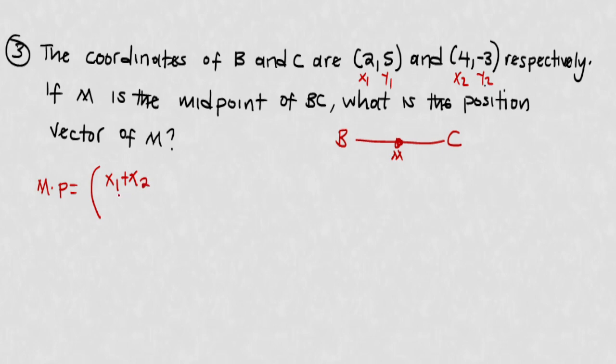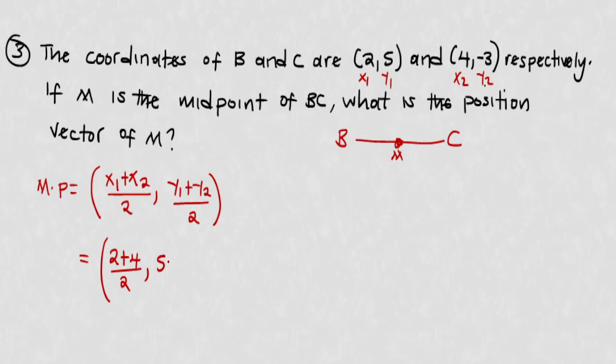You add the two x values and divide by 2, then add the two y values and divide by 2. Our x1 is 2, our x2 is 4, divided by 2, comma, our y1 is 5 plus our y2 is -3, then divided by 2.